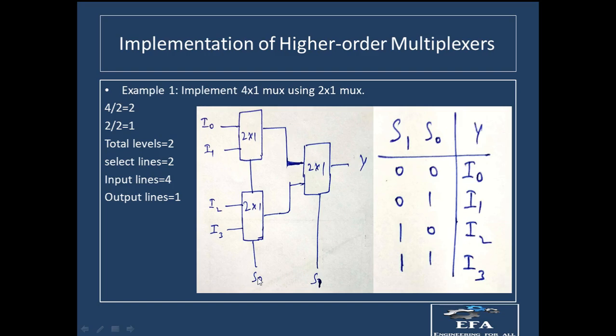So suppose we are having S0 equal to 1, in the first multiplexer, out of these two input lines, I1 will pass through and come at this output. So we will have I1 at this position. Out of this multiplexer we are having I3, so I3 will pass through, and we will have I3 at this position.